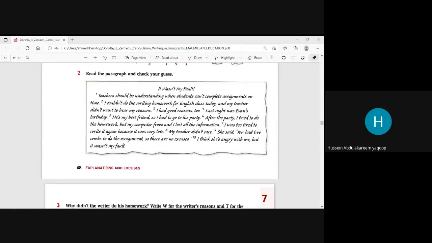These scenes are always repeated. And for this reason, sometimes it seems difficult for professors to distinguish the real excuses from those that are fake. That's why it depends on the excuses the students give, and the explanations, how you explain your problem.